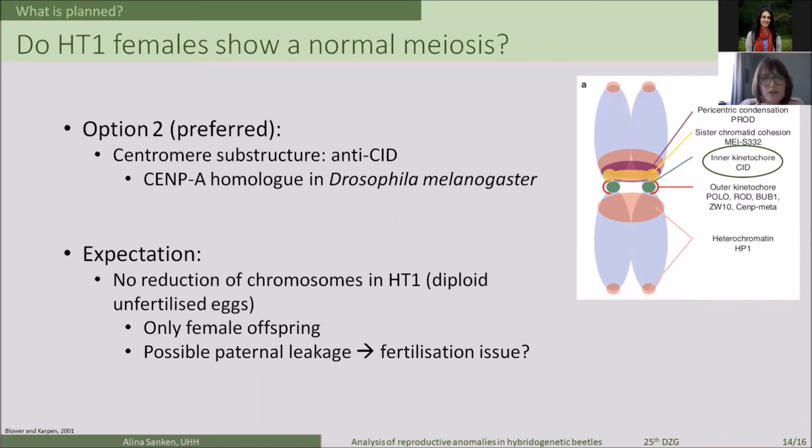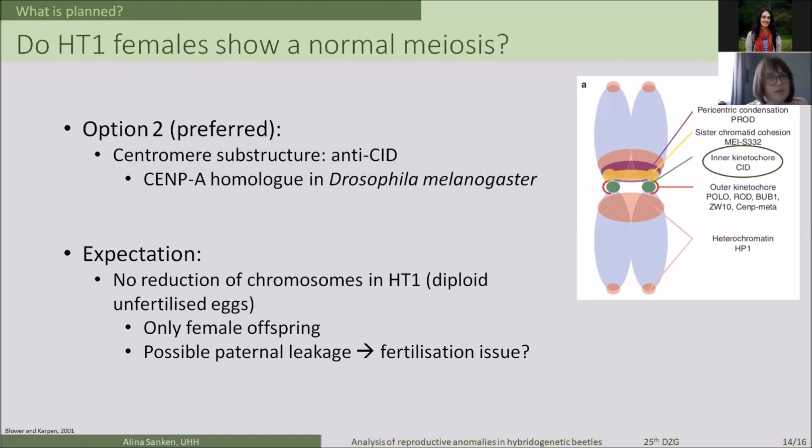So we would have diploid unfertilized eggs. But there could also be an issue with the fertilization due to the paternal leakage, because if it would solely be a diploid egg that would need the sperm to trigger its development, we would not have paternal leakage if the sperm wouldn't get into the egg.